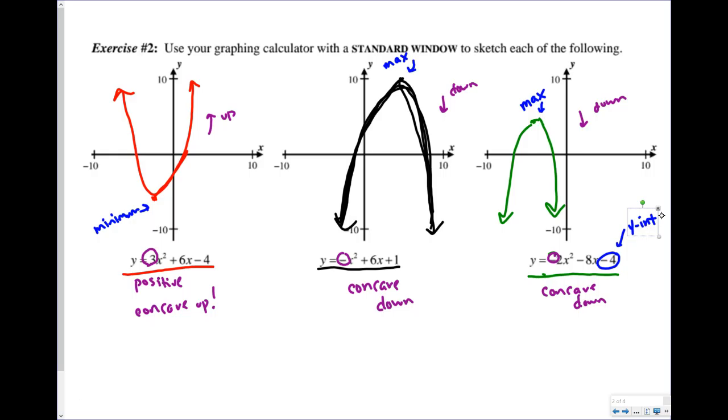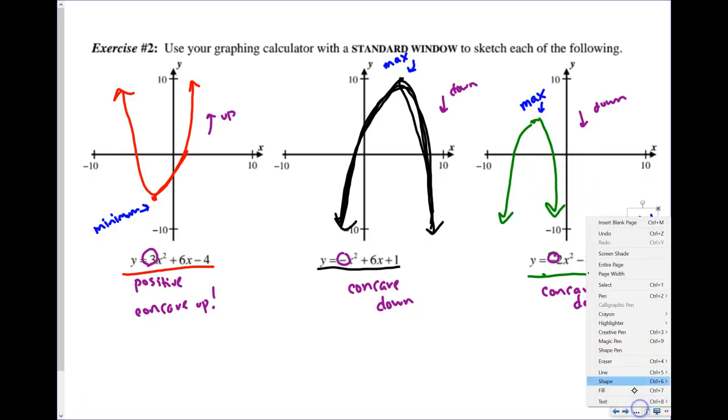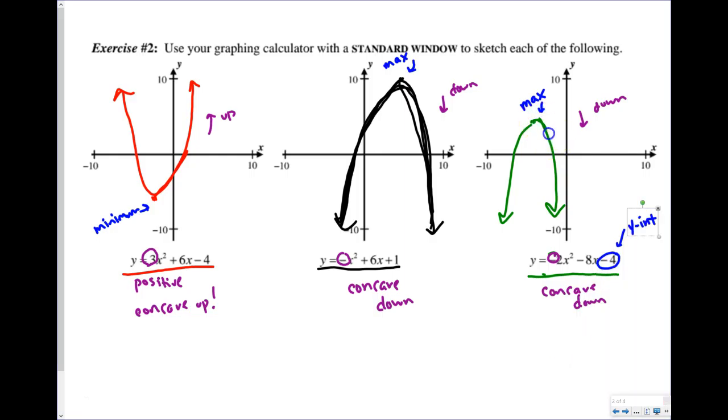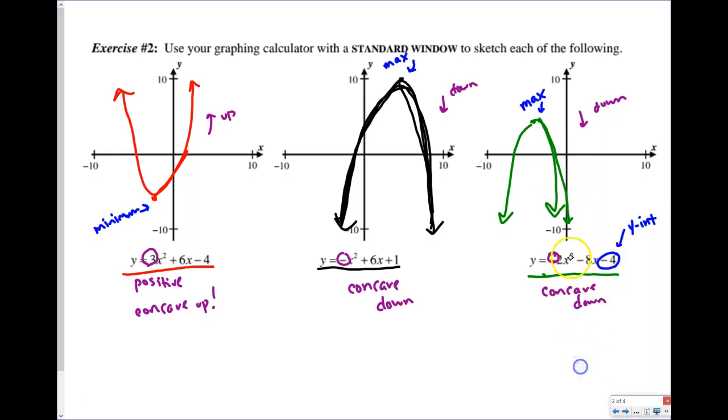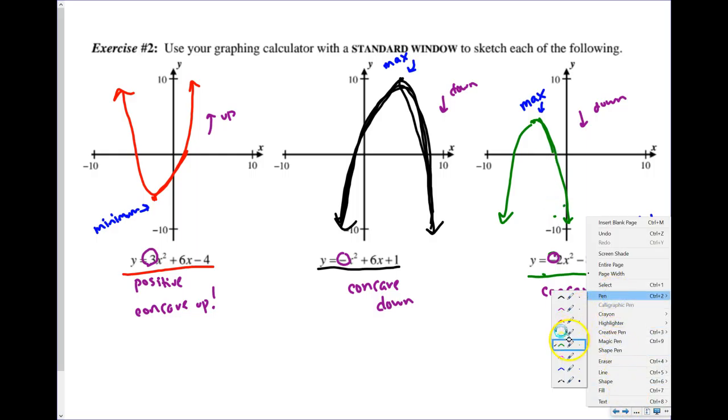Okay? And if I had graphed this a little bit better, you would have seen this green one would go through here at negative 4. So it should go like that.